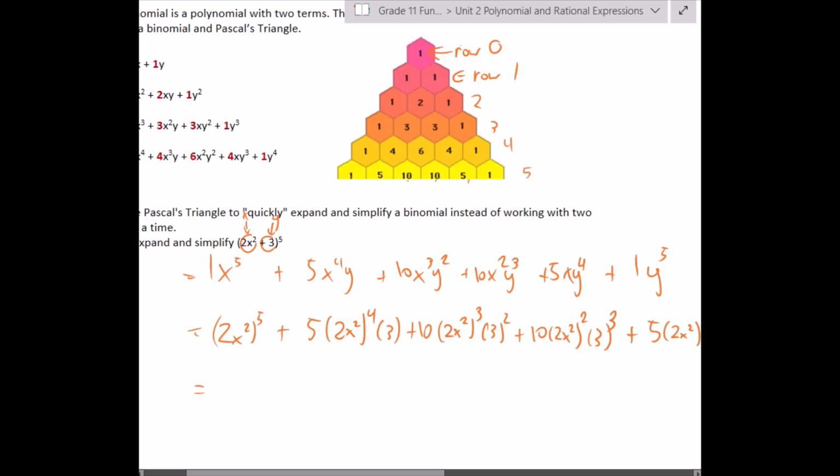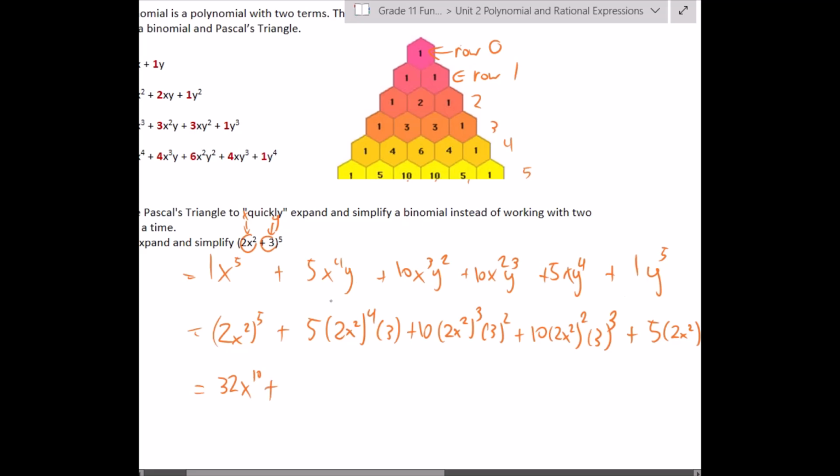Okay, now we have to apply the exponents to the coefficient 2 and x². So 2 to the power of 5, that's 32, and (x²) to the power of 5, remember that's multiplication, so it's x to the power of 10. We then have 5 times 2 to the power of 4, which is 16, times 5 is 80, times 3 is 240. (x²) to the power of 4 is x to the power of 8, remember it's multiplication.